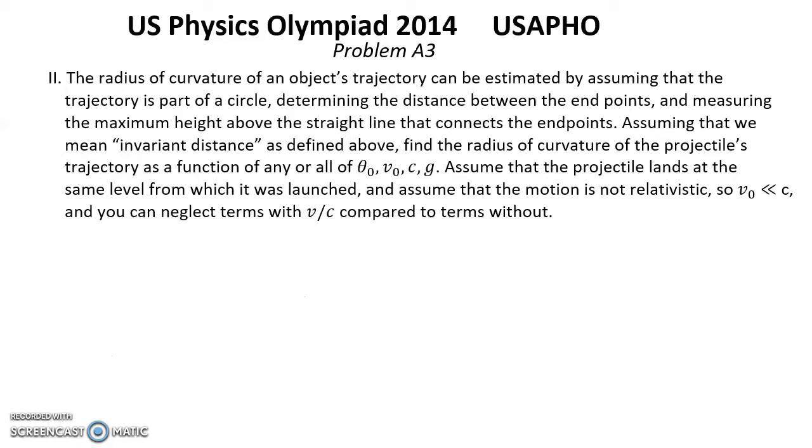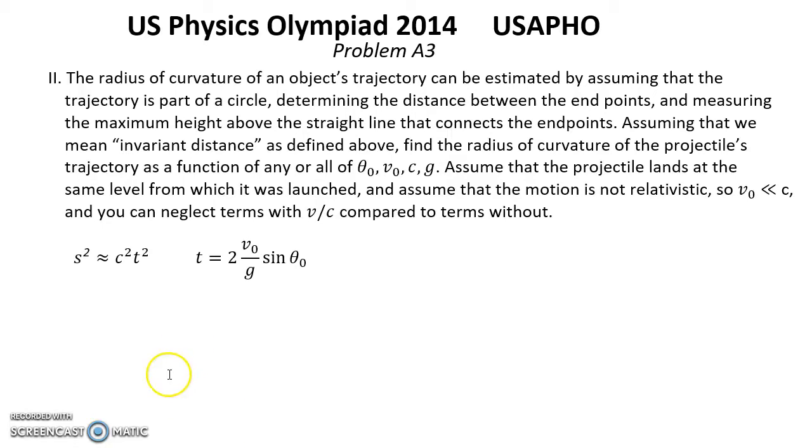Solution for question 2. In the space-time frame of reference, we have for v much less than the speed of light, invariant distance approximately equal this expression, and we can find the total time by using this equation.